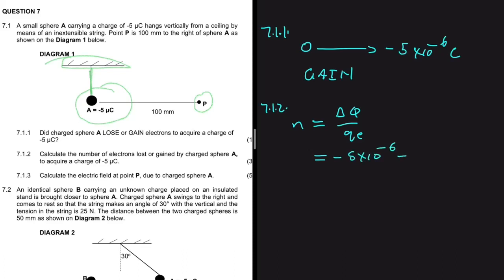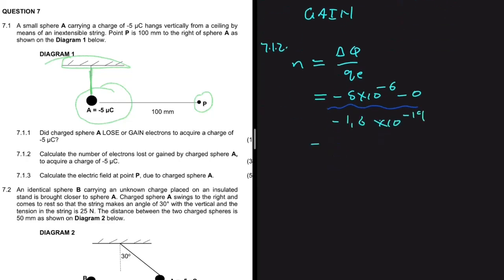Then we divide by the charge of an electron, which is minus 1.6 times 10 to the minus 19. The answer we get is 3.125 times 10 to the 13 electrons.